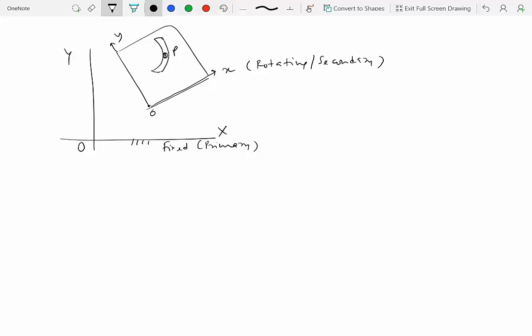And what we are interested in is the velocity of the point P as measured with respect to the fixed reference frame, as well as its acceleration with respect to the fixed reference frame. All right. So we'll again start by showing the position vectors.